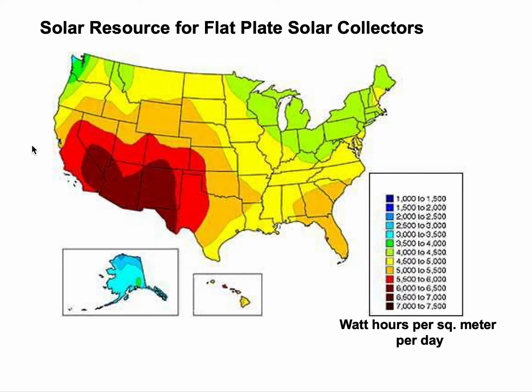And you can see based on this how many hours per day per square meter you can collect on a solar panel to power your house. So you want to be able to determine that. Obviously, if you are building a house anywhere in the South, especially in the Southwest, you're going to have access to a lot of potential solar resource. However, you have to be careful because you can overload the system too.